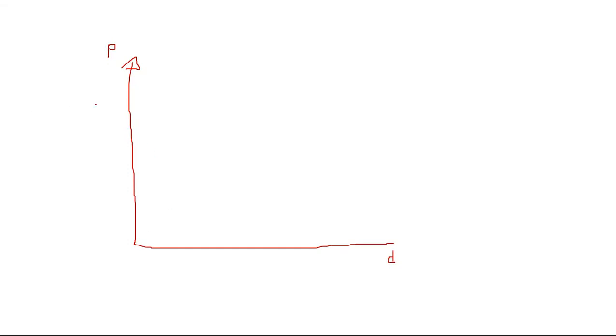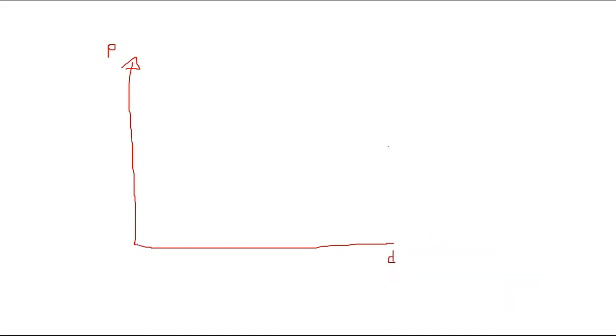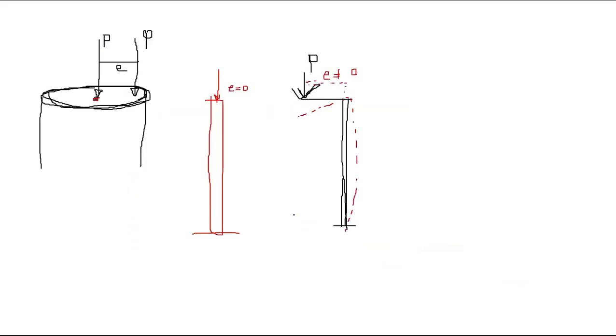For e equals 0, I will draw it in purple color. Since your load is acting along the centroid, no deformation is observed. Suddenly, when it reaches the critical buckling load, a sudden deformation will occur.